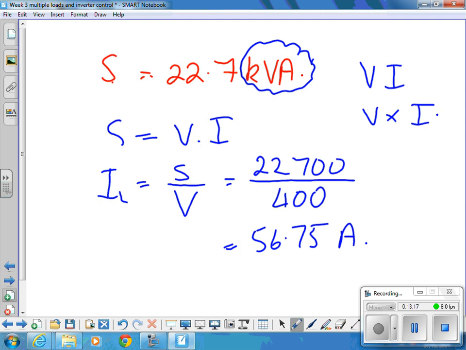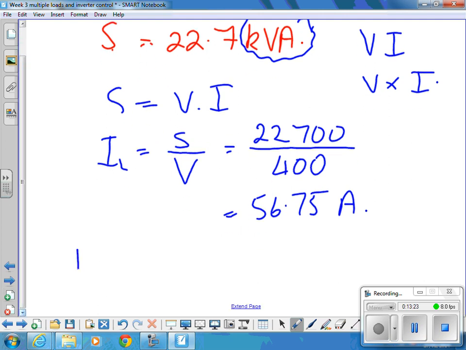Okay. And the last thing that's asked for is the power factor. Think of the triangle. You can get it from any one of the triangles.